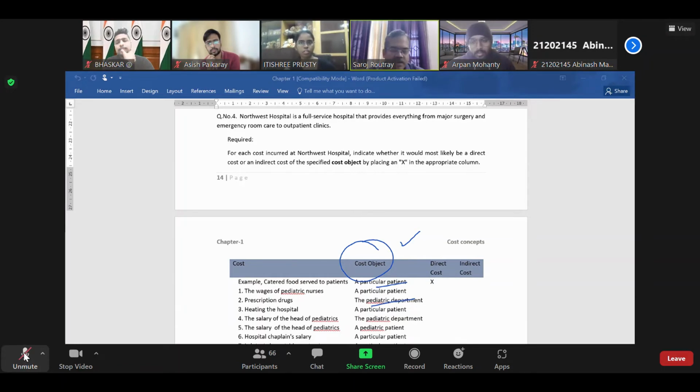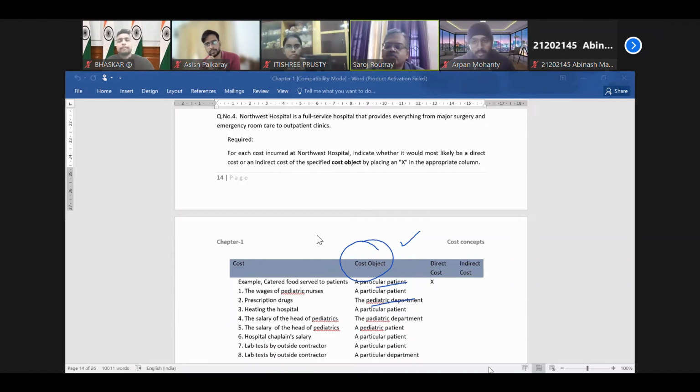Let's come to that. Wages paid to a nurse may be on a daily, weekly or monthly basis. The nurse doesn't work for one patient. The nurse will be working for 10 patients, and patients do not stay in the hospital throughout the month.